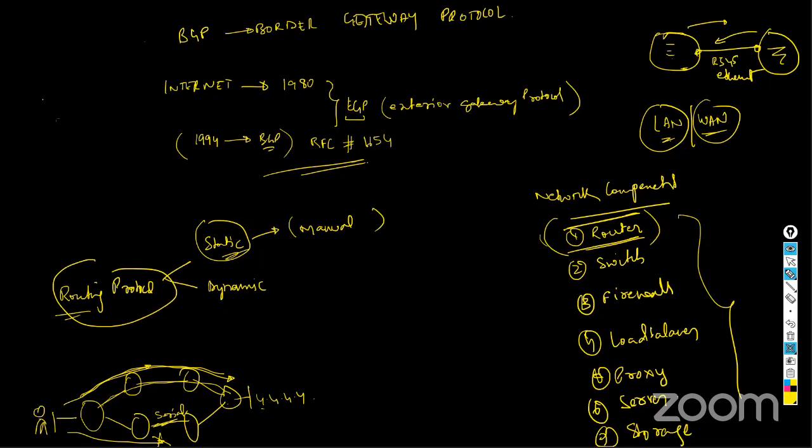Let's say every 1 second your routing is making a decision. What is the drawback of static? A human intervention is required.